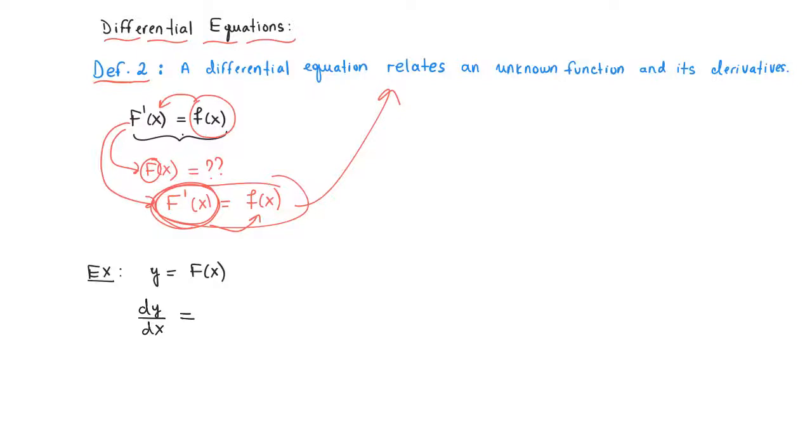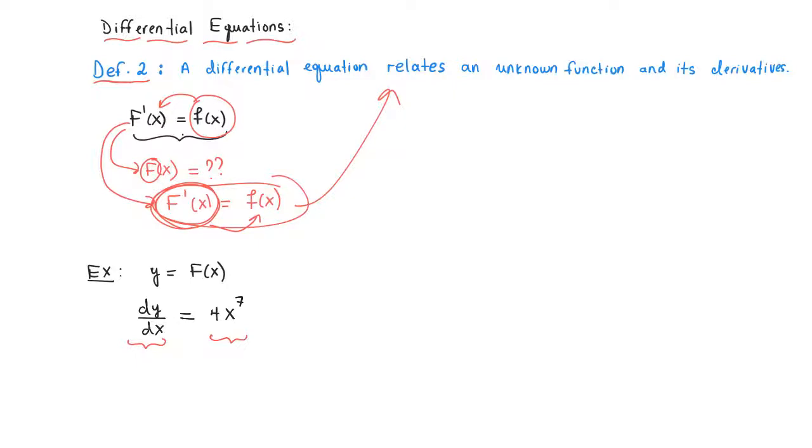I know that the derivative of this mysterious function is equal to 4x to the 7th. So again, the derivative of big F of x is 4x to the 7th. Remember, the function big F is unknown.